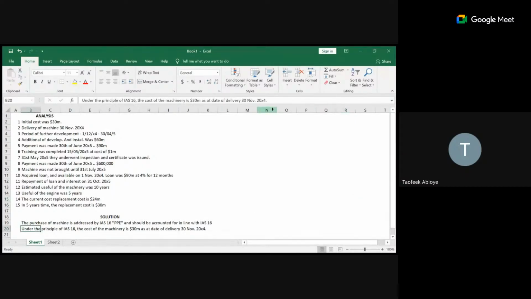Now let's continue. What's the next analysis? Period of further development, which is how many months? From 1st of December to 30th. Is it 4 months or 5 months? 5 months. Now we are going to tell the examiner about this cost.